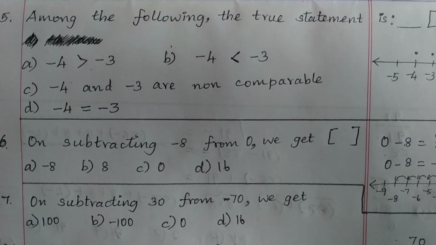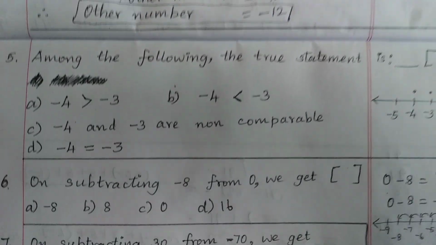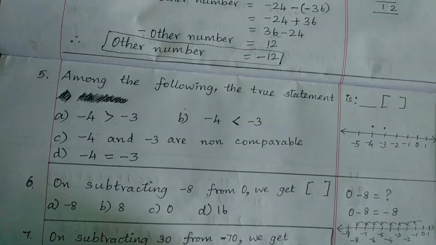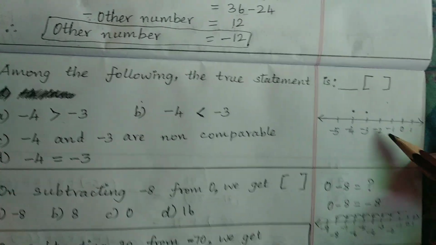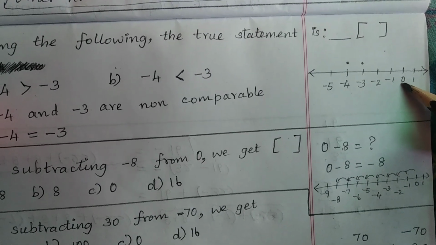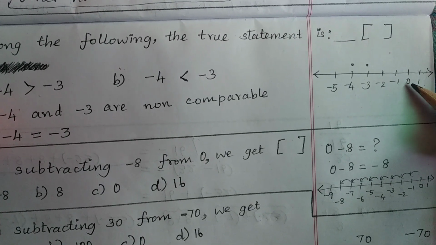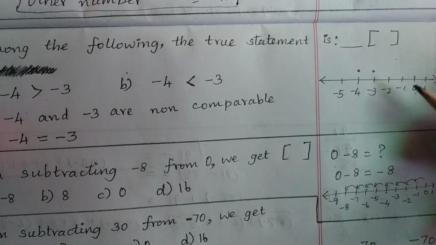It could be things or money. Okay. Or marks also. I am using a number line to make you understand this. See, 0 is here. Positive values are to the right of 0 and negative values are to the left side of 0.